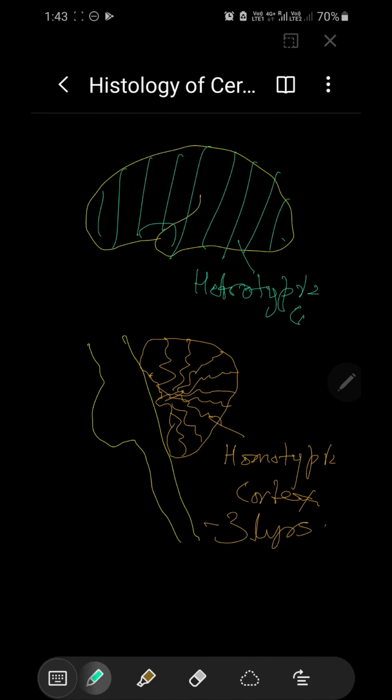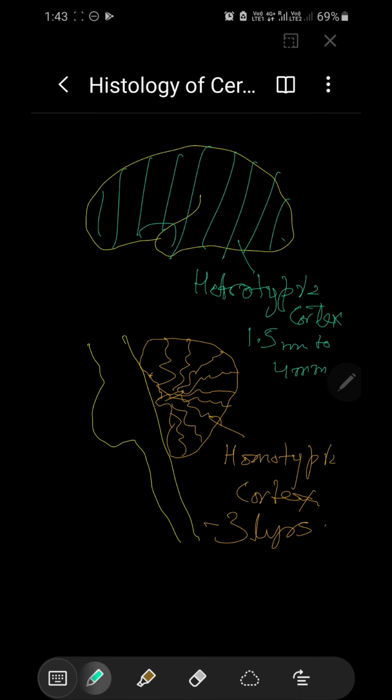Now, why heterotypic? Because the thickness of this cerebral cortex is unequal throughout its length. The thickness of cortex is around 1.5 millimeters to 4 millimeters, so it is different in different areas.